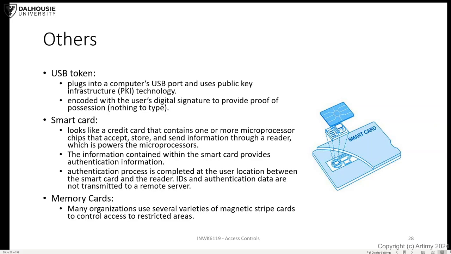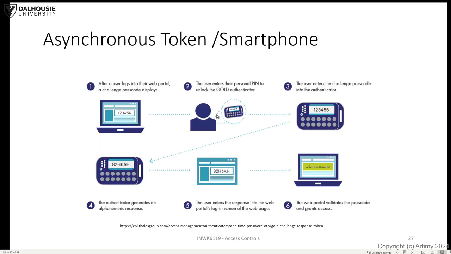The magnetic strip actually stores all the information, and when you swipe it, the reader reads the information from the card. So all of these are techniques where the common thing among them is you have to carry them physically with you. If you don't have them, then you won't be able to authenticate.